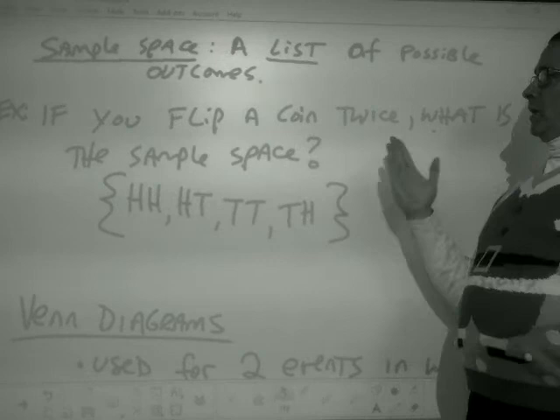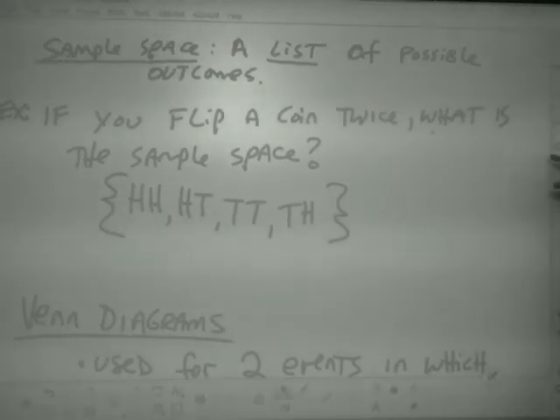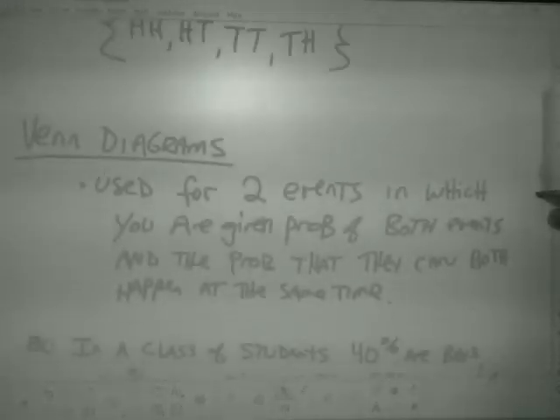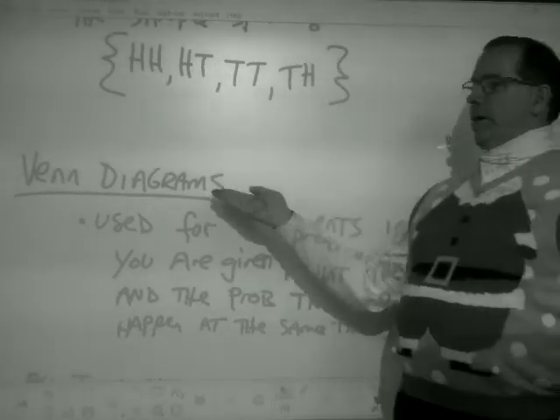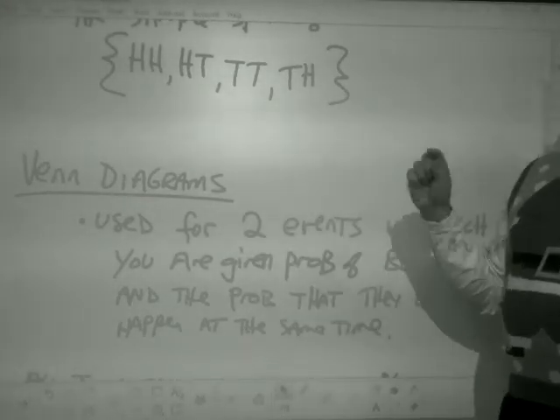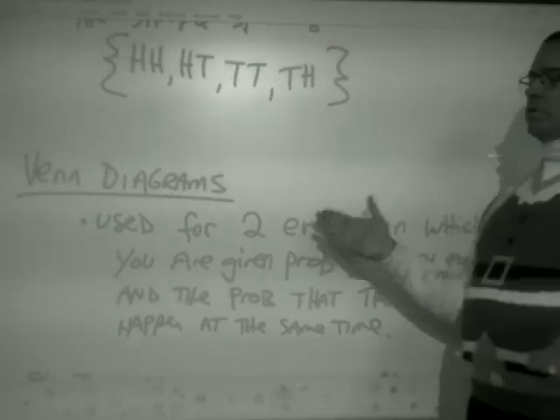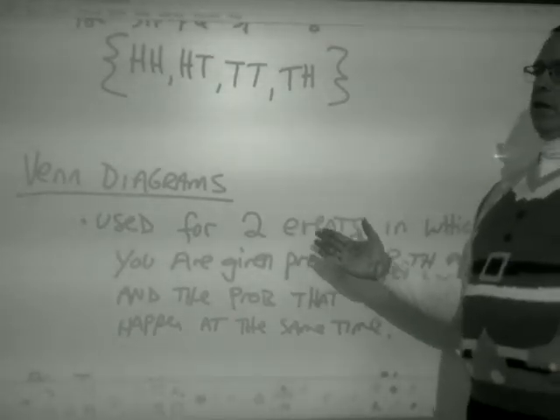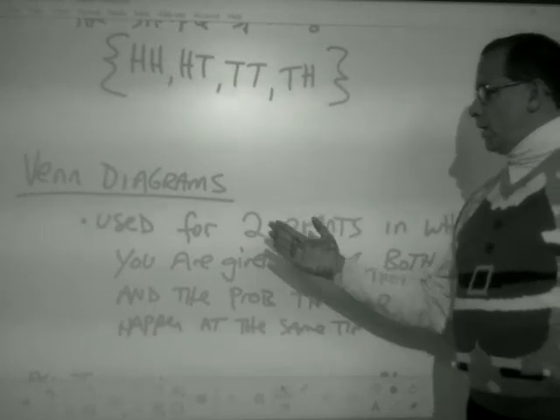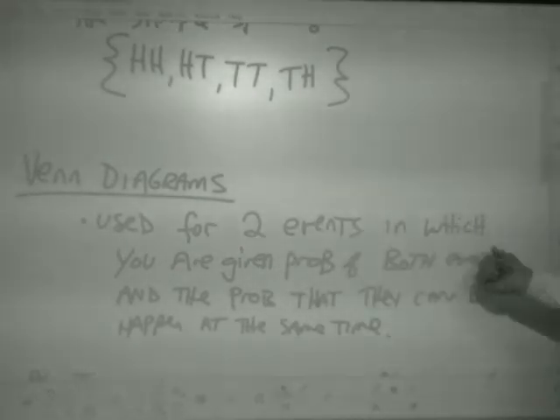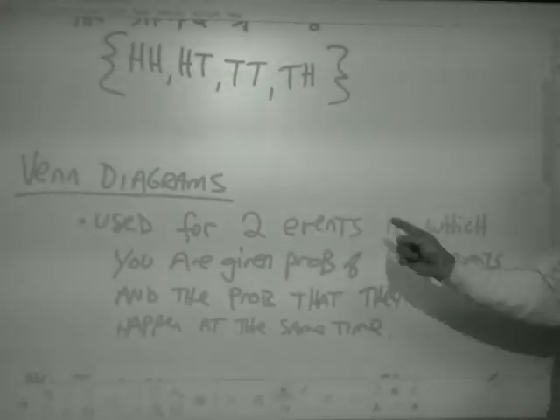All right. The other thing that I wanted to put into those notes deals with what I call Venn diagrams. Now, we talked about Venn diagrams briefly in chapter 14. We use Venn diagrams in chapter 15 when we have two events in which you're given the probability of both events happening.